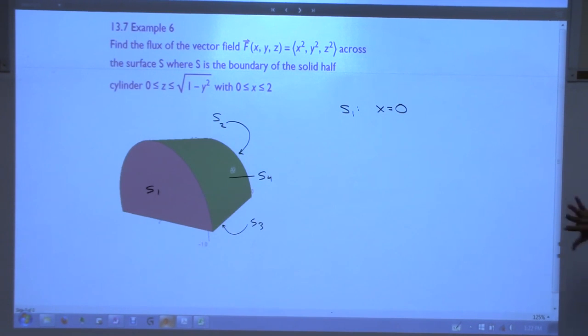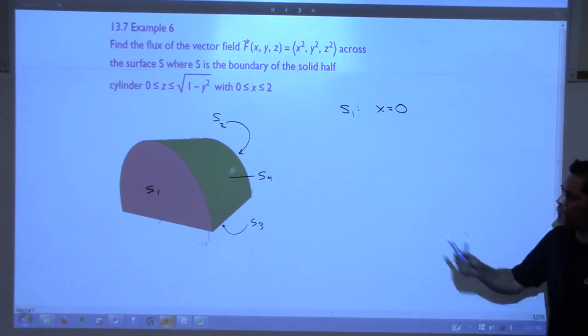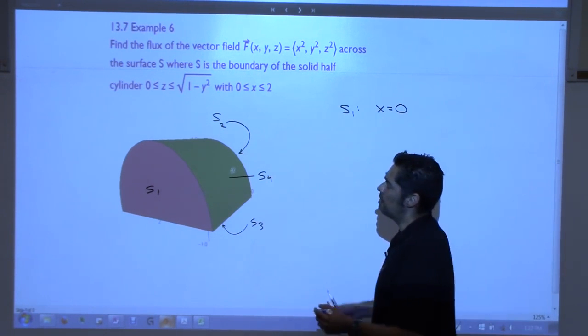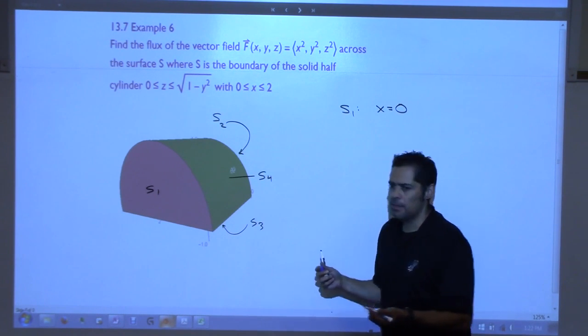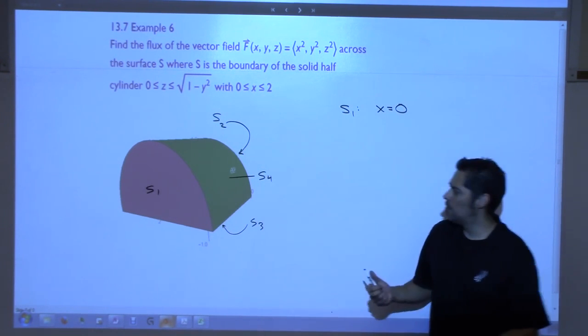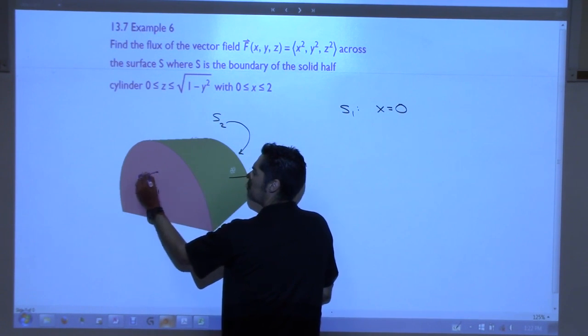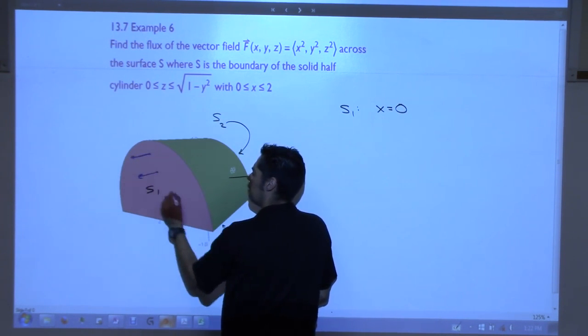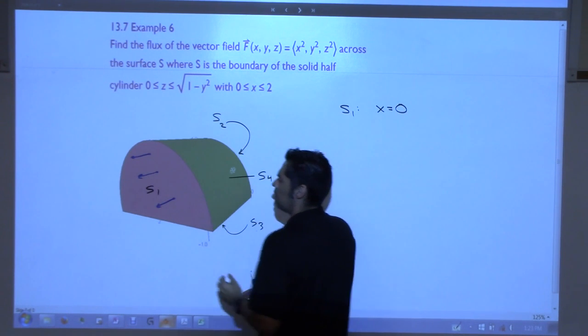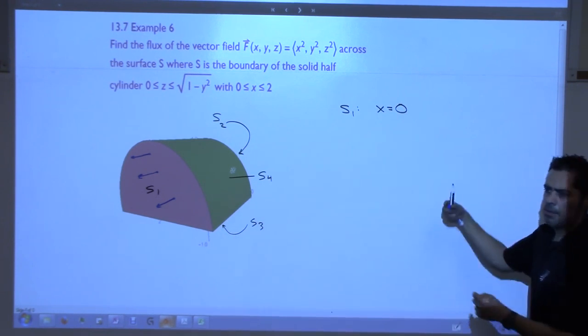When we had that flat surface like that, can you tell me about the normal vectors for that S1? If this is positively oriented, meaning normals go out of the solid. What are they? All the normals that come out of this, no matter where you pick, what do they all have in common?